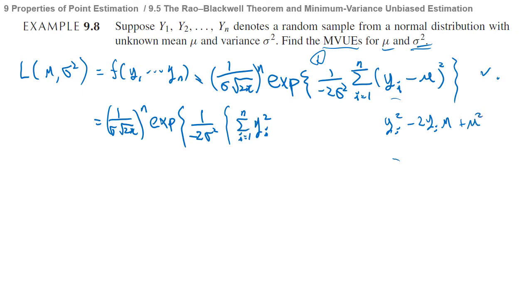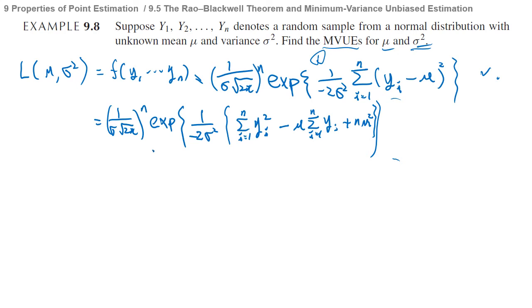So this part can be rewritten as minus 2 mu sigma i equals 1 to n of yi plus n mu square. Okay, so we can rewrite this as this. And what's next?